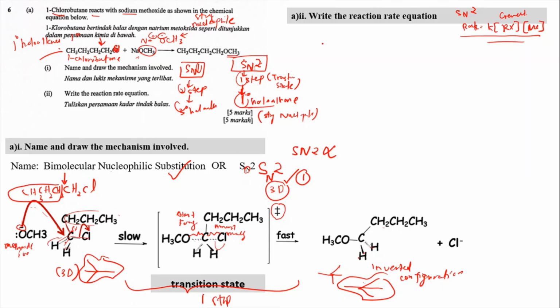So we have to write rate is equal to k, which is rate constant, and then our haloalkane, which is RX, going to become CH3CH2CH2CH2Cl. Kita salin semua balik 1-chlorobutane, and then our nucleophile is NaOCH3, which is this one. Okay, so ensure that you are being specific to the question. Okay, dan kat sini pun tadi kita kena tambah Cl minus pasal Cl dah mula terkeluar. So that's all for question 6A1 and 6A2.